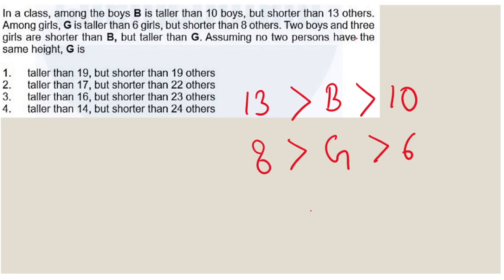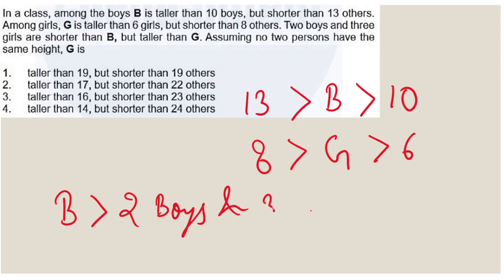Now, 2 boys and 3 girls are shorter than B but taller than G. So these three conditions are given.